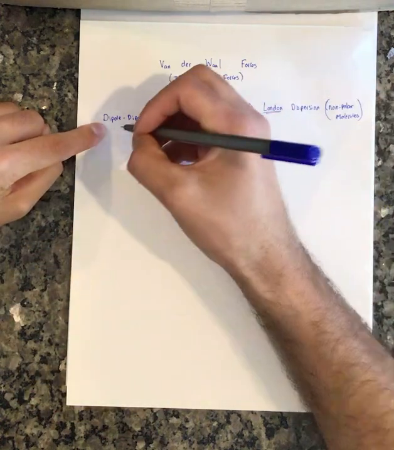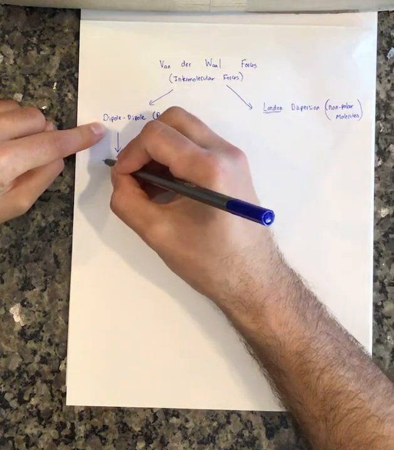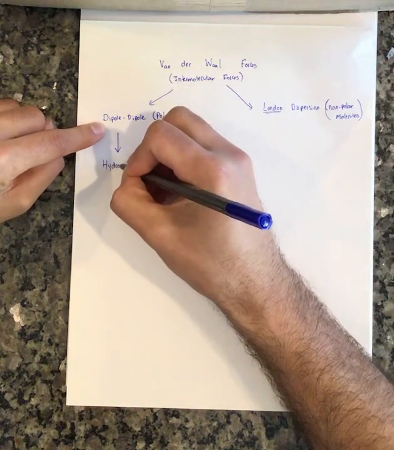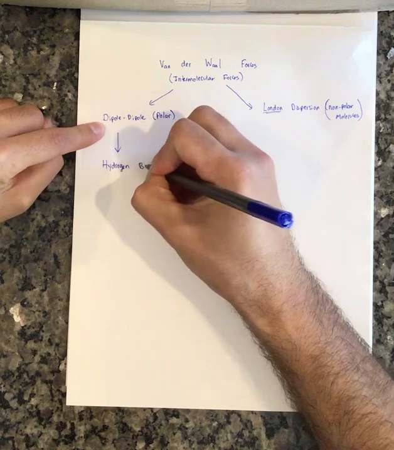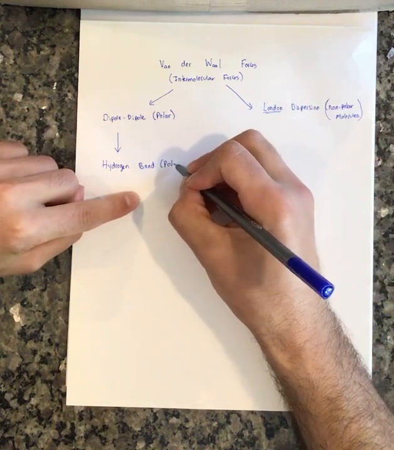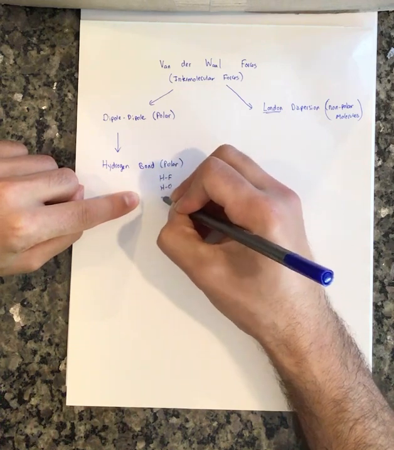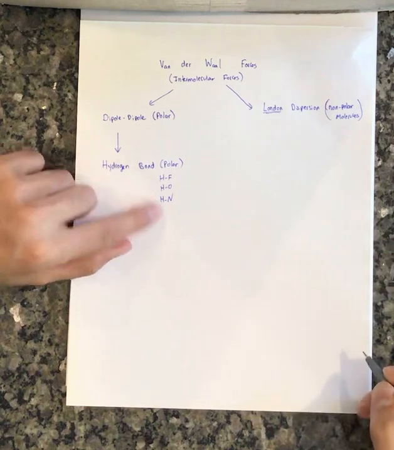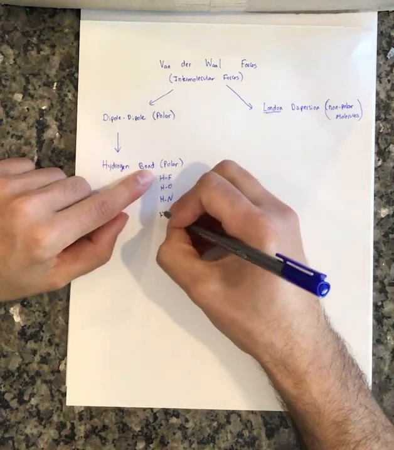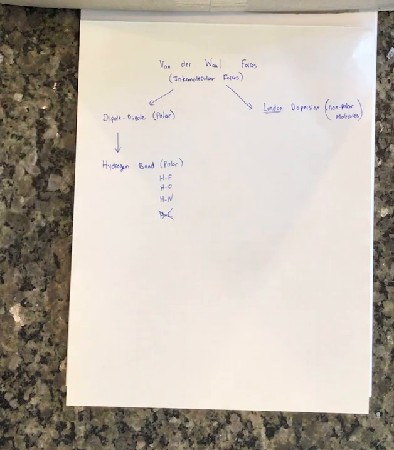Now, there's also a different kind of dipole-dipole force, and that's what we call our hydrogen bond. Once again, this has to do with polar molecules, but more specifically between hydrogen and fluorine, hydrogen and oxygen, or hydrogen with nitrogen. If it's hydrogen with carbon, it's not a hydrogen bond. It would just be a dipole-dipole if it fell in that category.